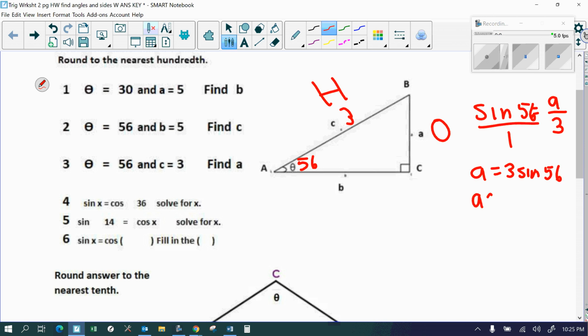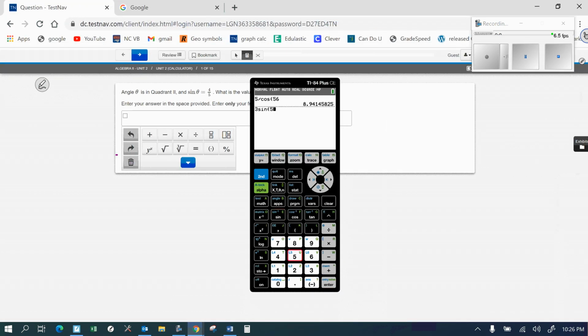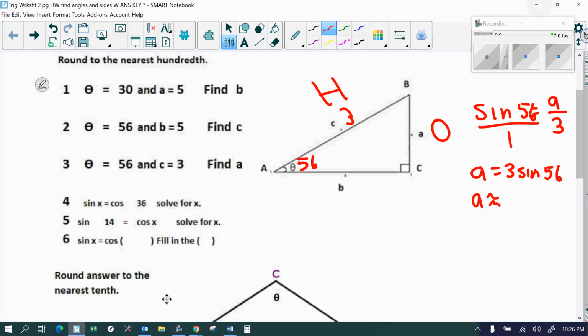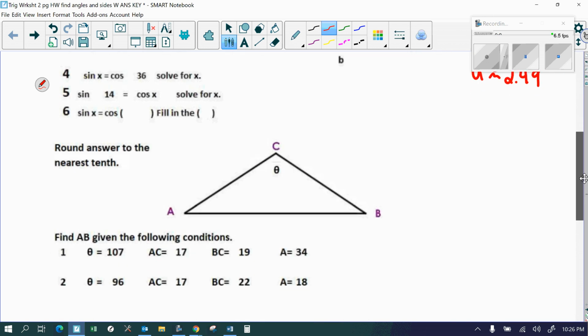And so A is approximately equal to, going to the nearest hundredth, 3 sine 56, 2.49. All right, there's 3 of the same type right there.